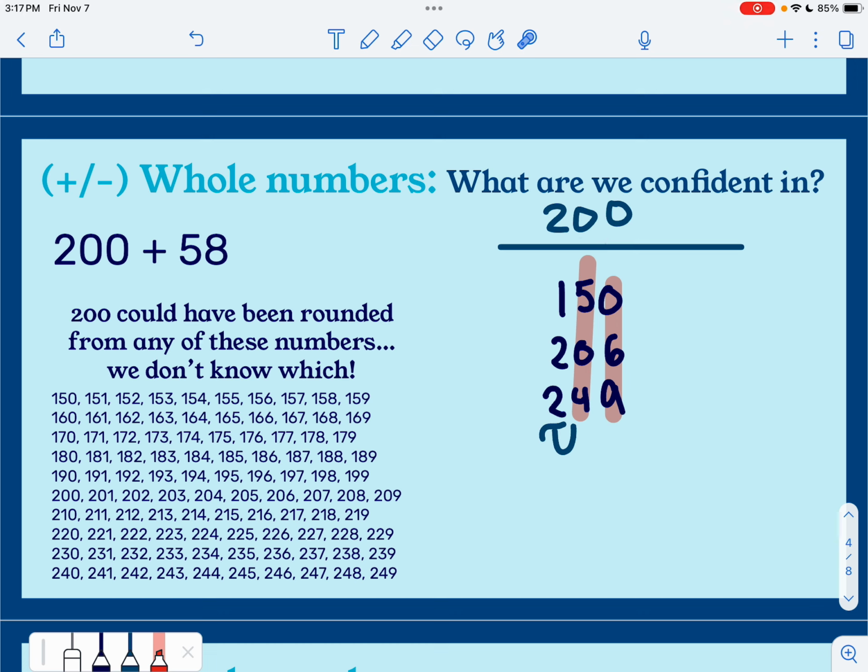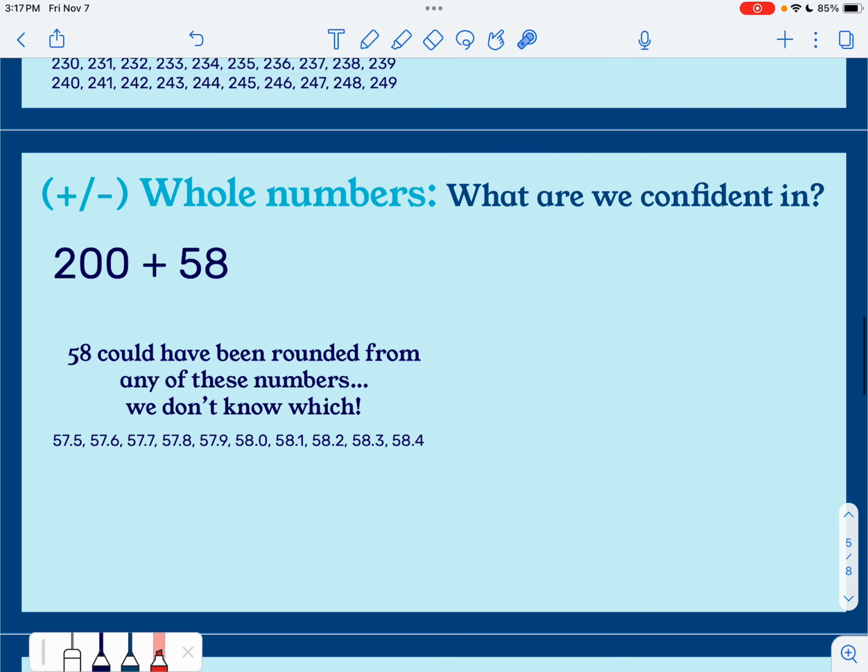So just as a recap, the 2 is significant and it determines the range of certainty, which in this case is the hundreds. And the zeros are not significant. They're just placeholders that show we rounded off everything smaller. Now let's go ahead and look at 58. So if we wrote down 58, we can see that we are confident to the ones place.